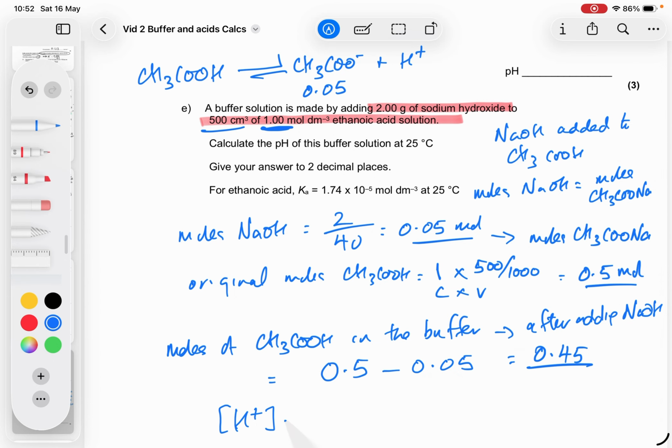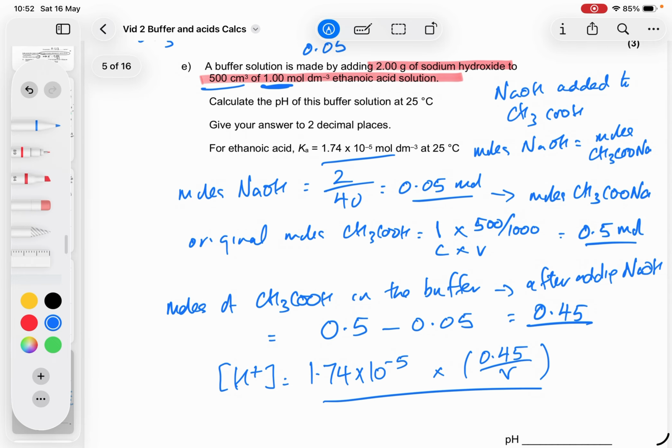Now the next part of the calculation is straightforward. H plus equals Ka, which is 1.74 times 10 to the minus 5, times the concentration of ethanoic acid, which is 0.45 over V. The volume is 0.5, so you can use 0.5 there. And then the concentration of sodium ethanoate is 0.05 over V, because we've already calculated it here.